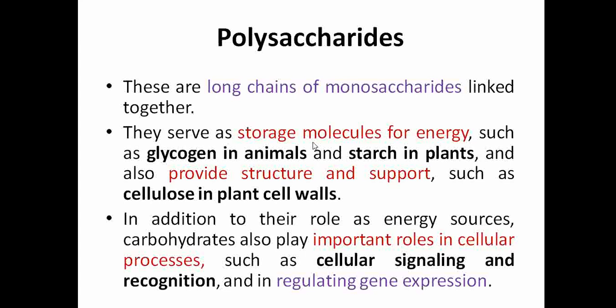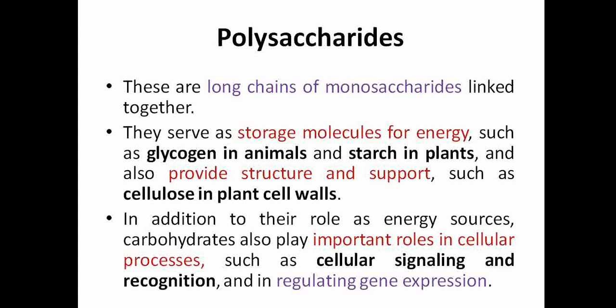Next, polysaccharides. These are many monosaccharides, a long chain of monosaccharides linked together. They serve as storage molecules of energy. For example, glycogen in animals and starch in plants. They also provide structural support, such as cellulose in plants.